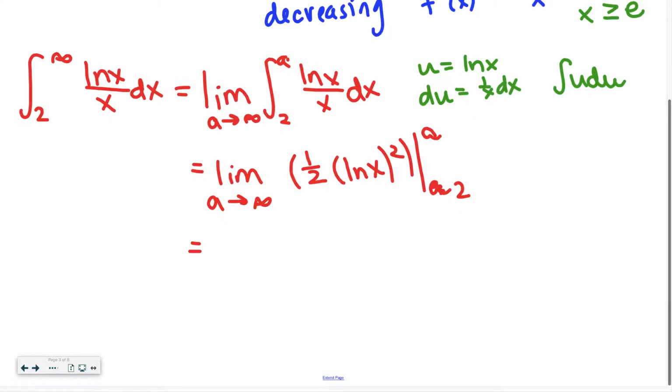So now we need to look at the limit. And you're going to see what I did here. I set up my u substitution, I put it right here. But then I think we've done u substitution enough. I know that the antiderivative is 1/2 u squared. So I just went ahead and changed it from 1/2 u squared to 1/2 natural log of x squared in my head. Is that okay?